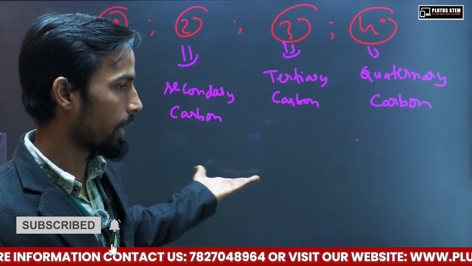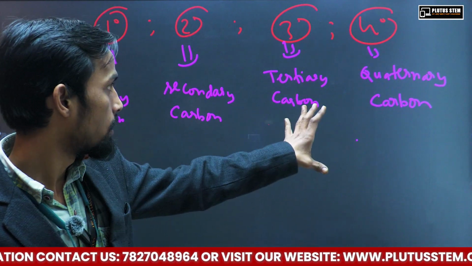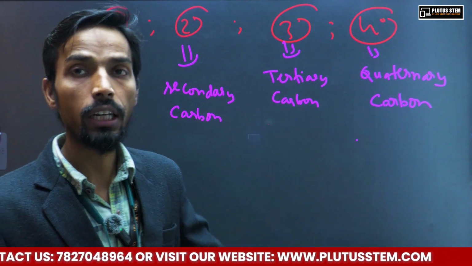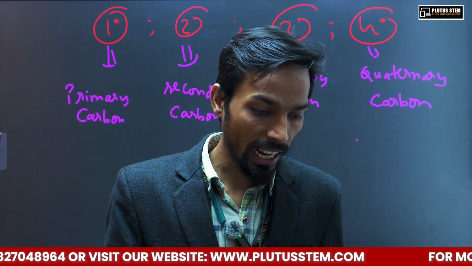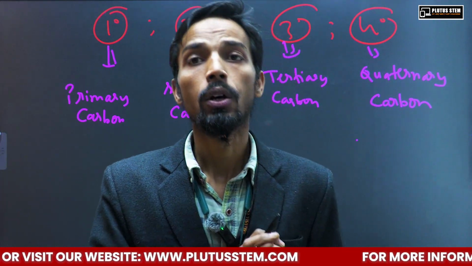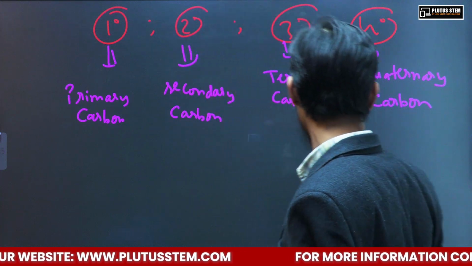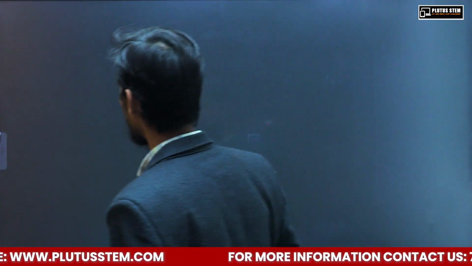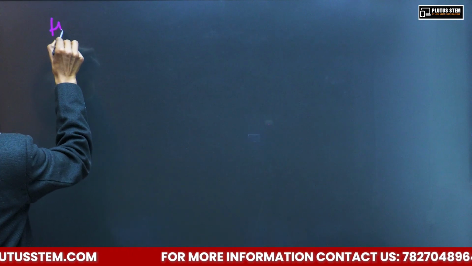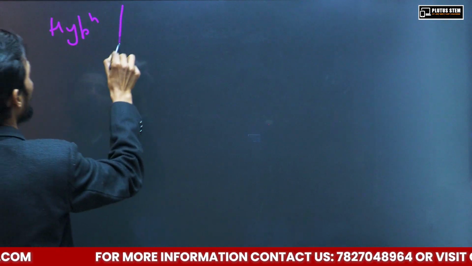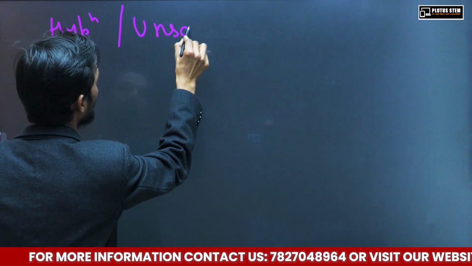So this is the way you can classify these organic compounds on the basis of the attachment of the carbon. Another way is on the basis of their hybridization, or you can say unsaturation.